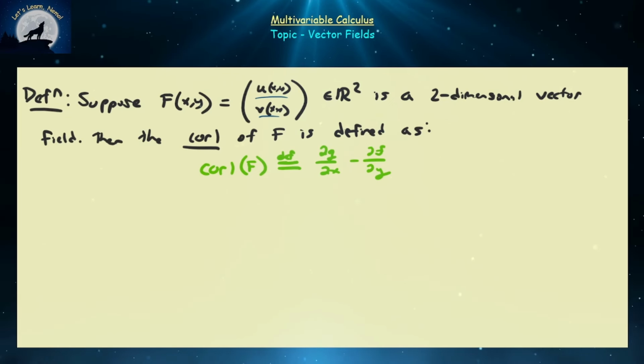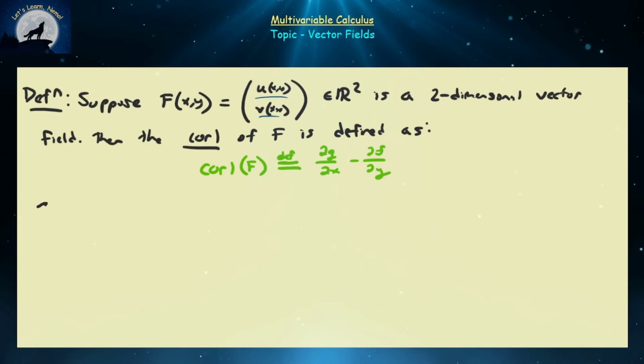That'll become clear a little bit later on, so we'll just take this as definition for the time being. So what is the curl of a vector field? Well, at a particular point, it's a number, but the curl of a vector field is technically a function of x and y. And then you can plug in a point, x and y, into that function, and you can find the curl of the vector field at that point.